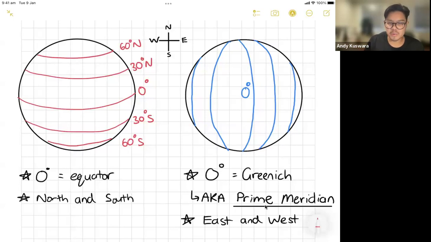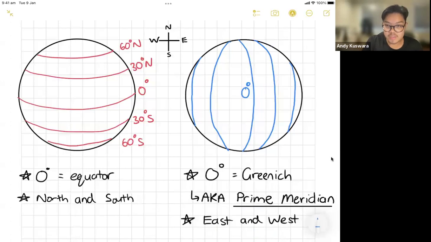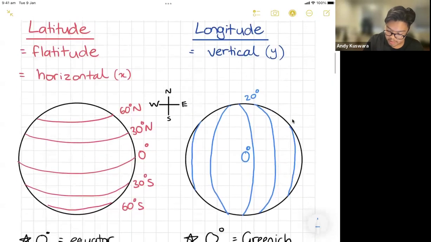It goes to this place called Greenwich. I don't know how to pronounce it. It's in Europe, and we call that point zero. So that's where we say the middle is, and it works east and west. If my zero is right down the middle here, anything towards the right would be east. So this could be 20 degrees east, and a little further, maybe 50 degrees east.